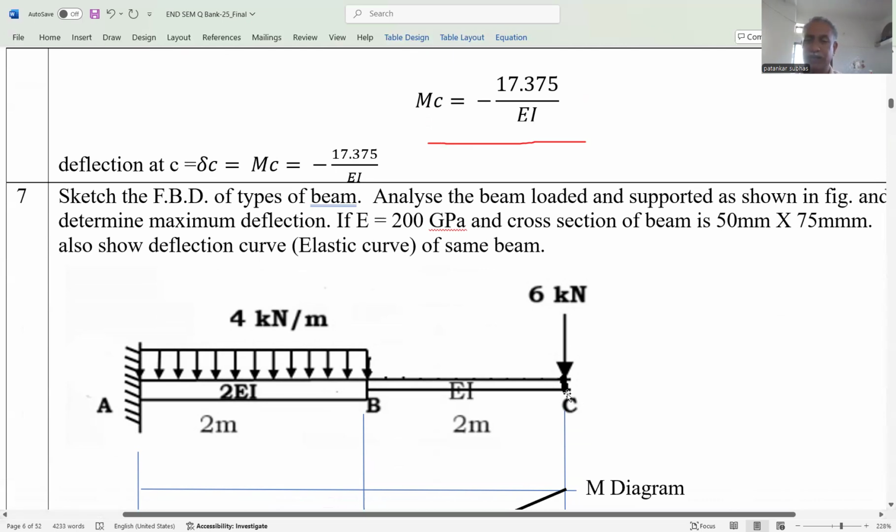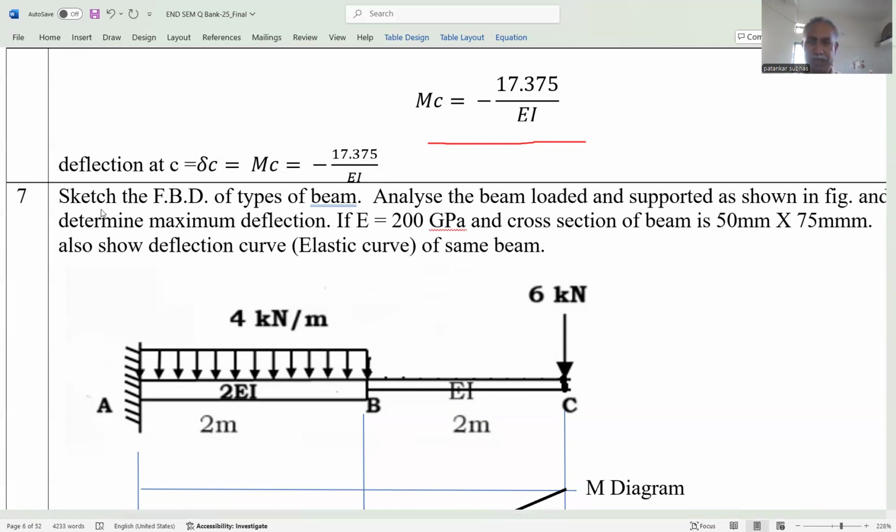We know that it is maximum at the free end, that is at point C. Here the value of E and the cross section is given. So we can find out E multiplied by I. For the moment of inertia, it is very simple to find.